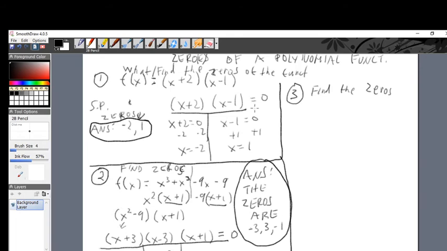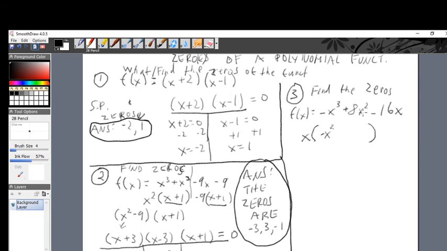What's the polynomial? f of x is equal to negative x cubed plus 8x squared minus 16x. We can factor. We can get the GCF. There's an x here, there's an x here, and there's an x here. Let's bring it outside of the parentheses.